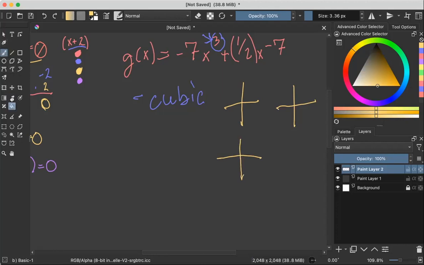What they mean by cubic is that it could touch the axis at 3 points, or it doesn't have to touch at all. It just means you can have a maximum of 3 points. So it could go like this, like this, or like this.